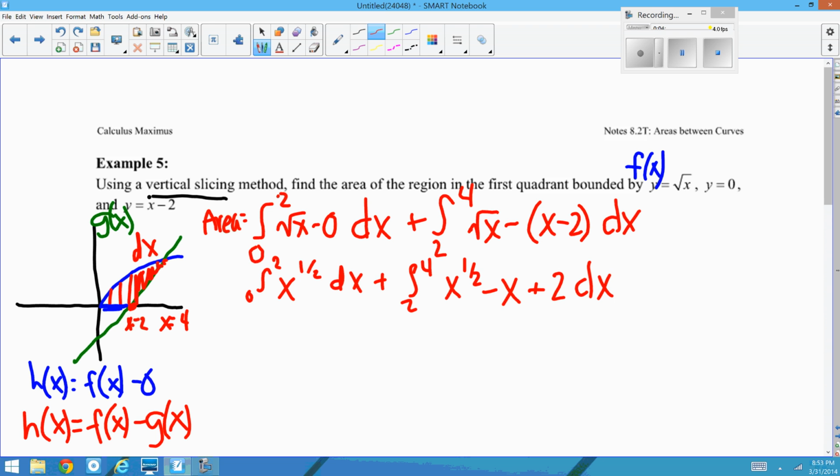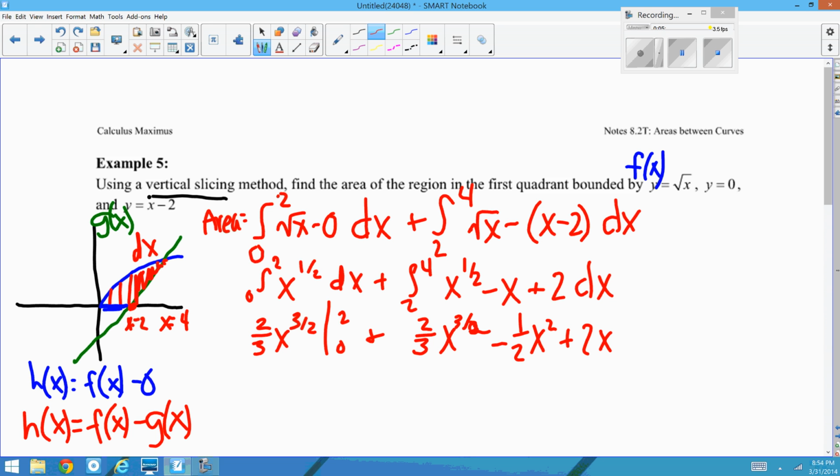There we go. Add 1 to the power, divide by the new power. And we're going to evaluate that from 0 to 2. Then we get over here 2/3 x to the 3/2, minus 1/2 x squared plus 2x, evaluated from 2 to 4. So if I plug these in, I'm going to leave this alone for right now. I get 2/3 times 2 to the 3/2 minus 0.